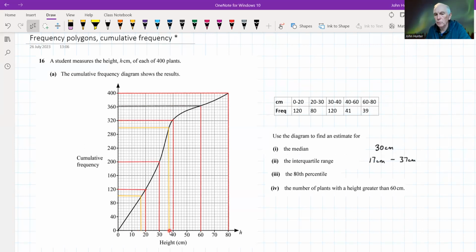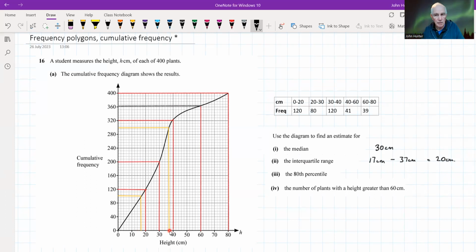And we could describe the range as that, but normally it's the actual width of that gap, which would be in this case therefore 20 centimeters. Okay, so it gives us an idea of the spread of the middle bulk of the plants, which is actually quite a useful thing in most situations.